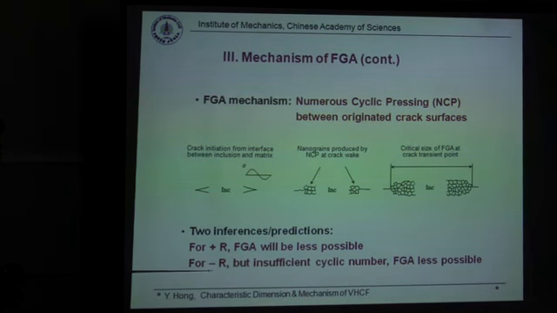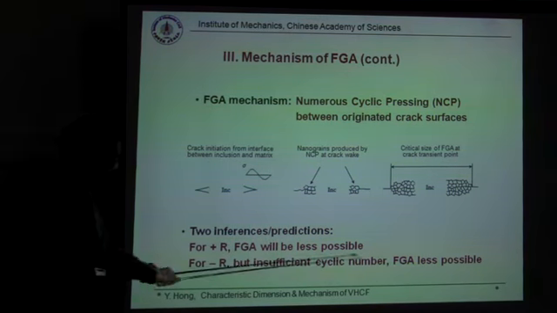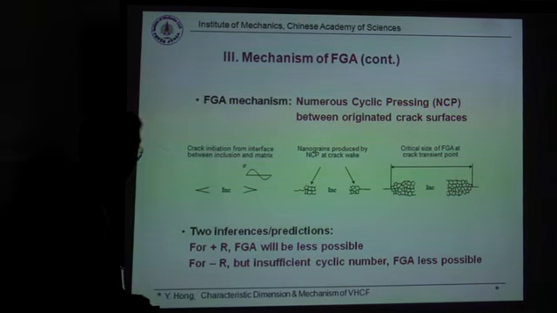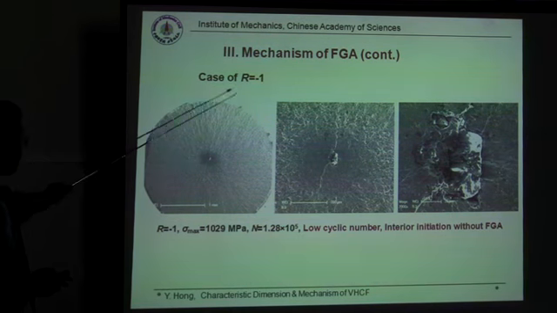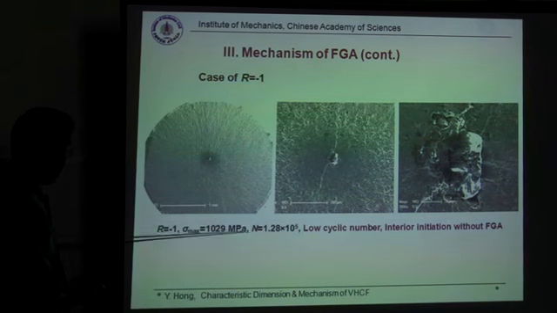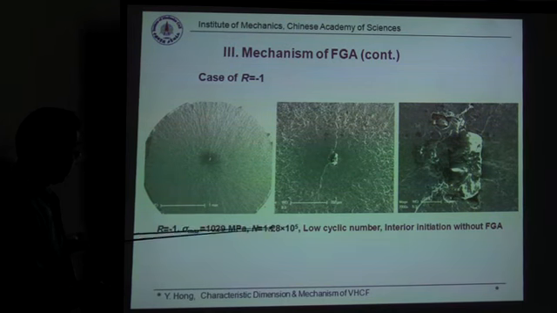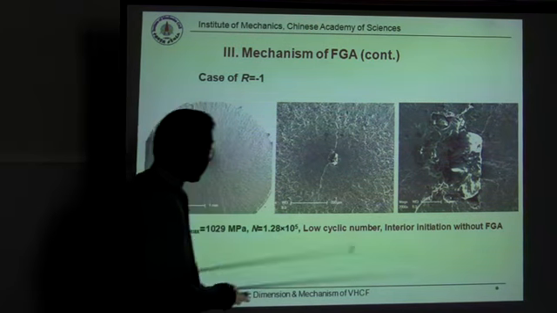And the second prediction is, even for negative stress ratio, if the loading cycle number is not sufficient, this kind of morphology will also be less possible. Then we did some extra experiments: for -1 stress ratio, but with a small number of 10 to the 5 cycles of loading, the FGA morphology almost disappeared.